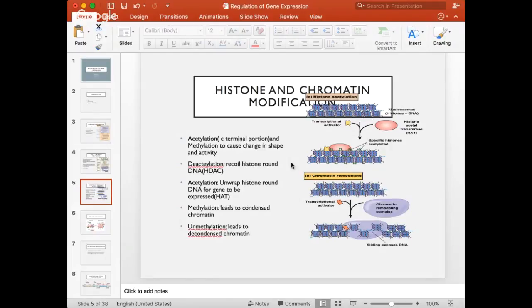So when you add the acetyl, you're loosening up the chromatin. You can identify your promoter region, it could bind, and transcription could occur.